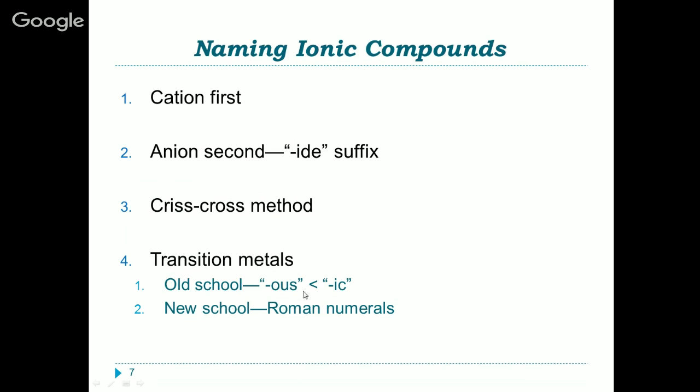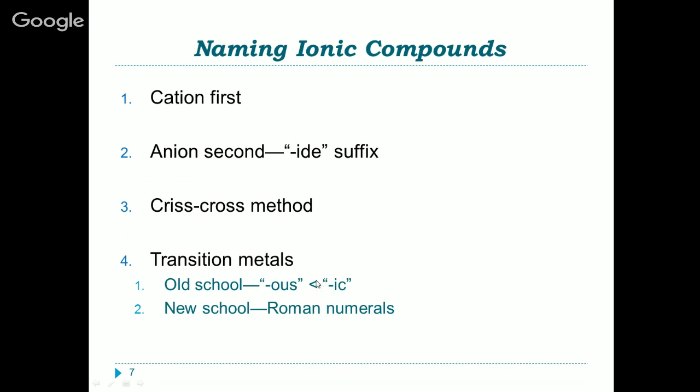This comes from having to know the Latin names. For example, lead 2 would be plumbous, because the Latin name for lead was plumbum, versus lead 4, which is plumbic. Or I could have ferrous versus ferric, argentous, aurous, auric. Okay, so you have to know the Latin names.